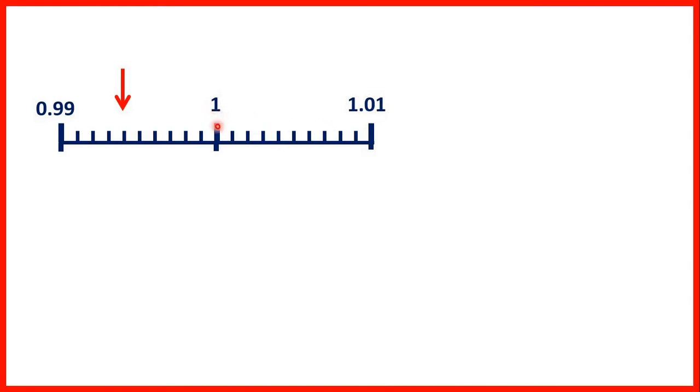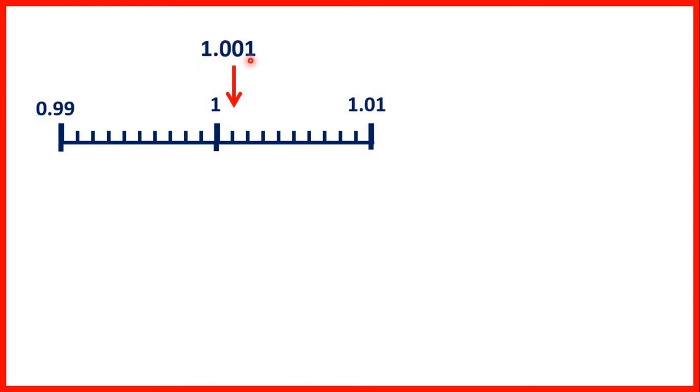So the values we have labelled again are going up in hundredths, which means the small lines in between what we have labelled must be thousandths, because remember, 10 thousandths is the same as one hundredth. So here the arrow is pointing 4 thousandths after 0.99, so that's 0.994.